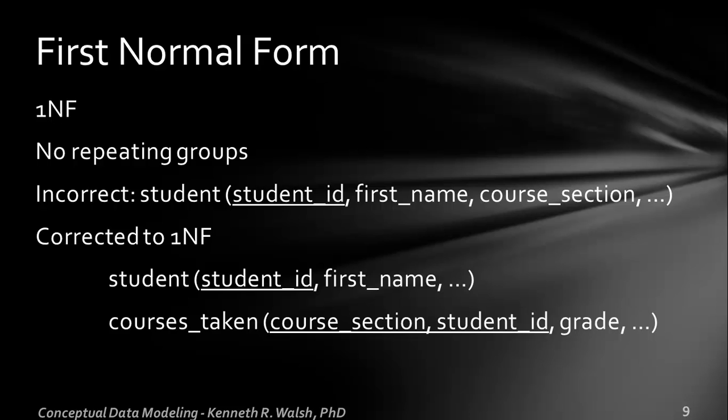So if a student takes two courses, that student ID will show up more than once, but it'll show up only once in combination with a course section number. You can see also the attribute grade will not be a repeating group because it'll just show up once for that primary key combination of a course section and student ID.